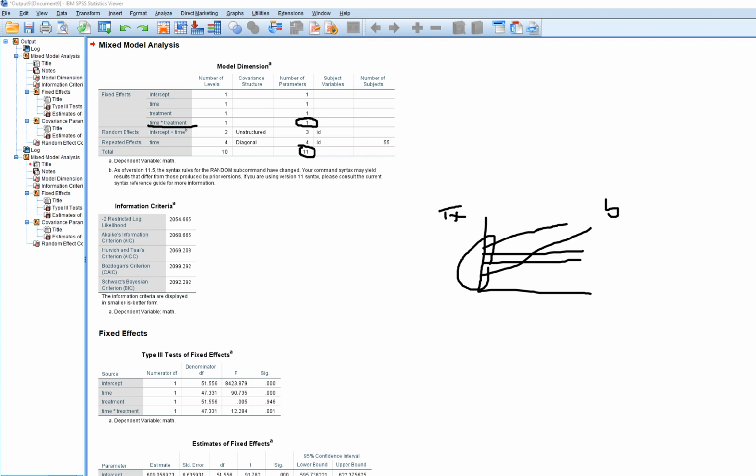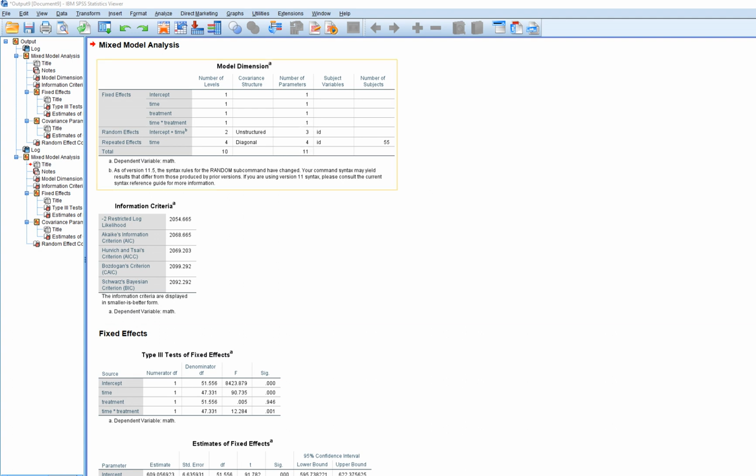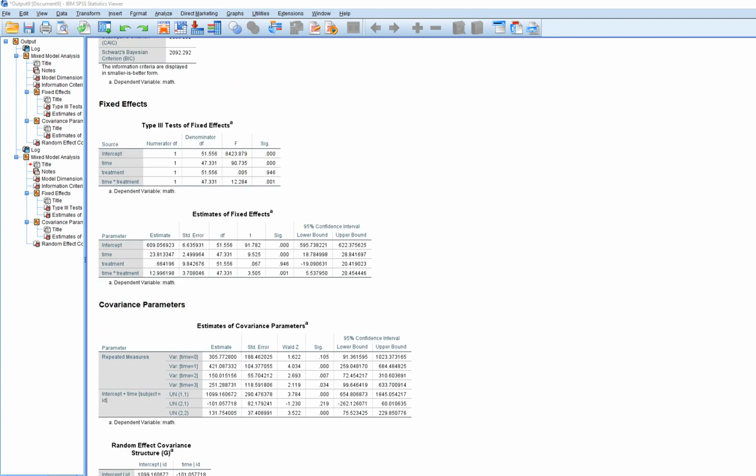So we could also potentially identify other level 2 predictors that might explain that. But now we've also incorporated treatment as a predictor of variation in the slopes between the students, and so that's what we're modeling right here. So when it comes to the random effects, we're leaving everything exactly as they were in our previous analysis.